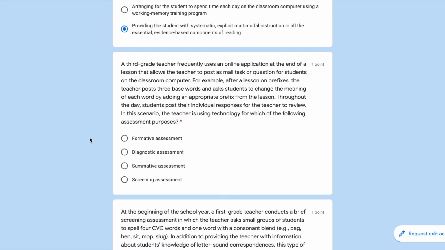In this scenario, the teacher uses the online application as an exit ticket to check individual students' learning with respect to given reading lessons, such as instruction on prefixes. The teacher can use this data collected to inform and adjust subsequent instruction. So we're definitely going to go with option A here.